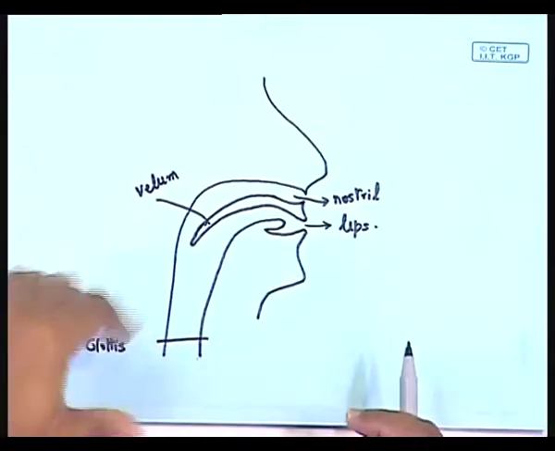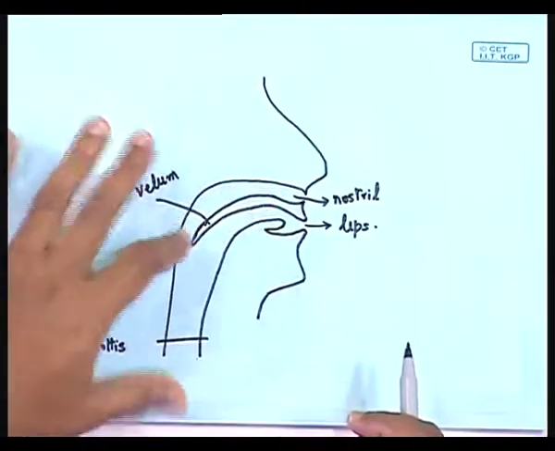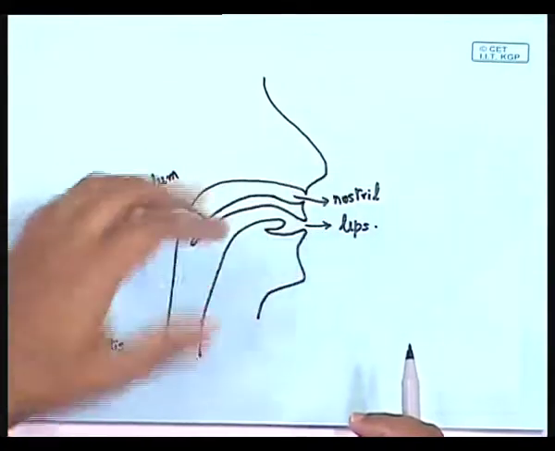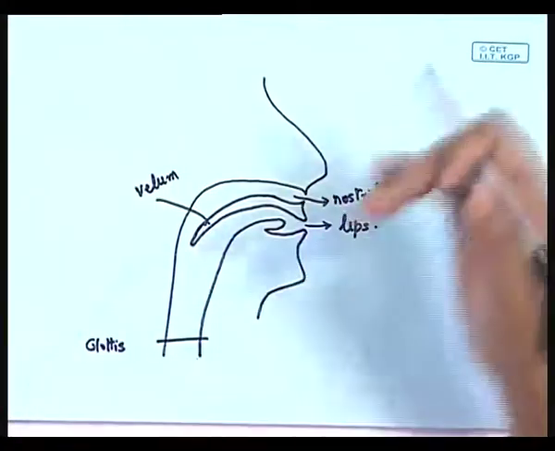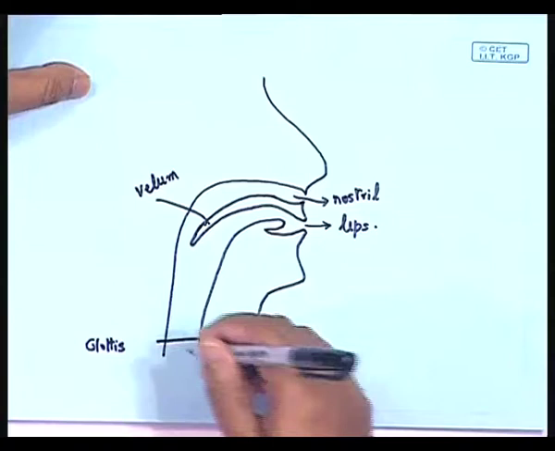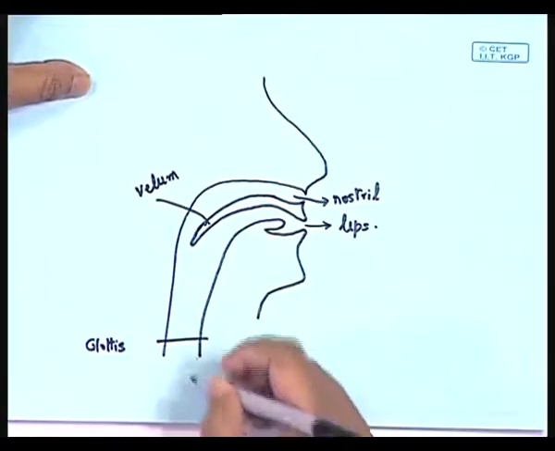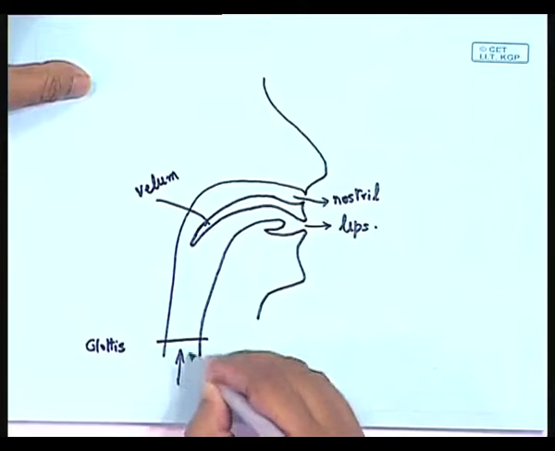Either we can produce the sound through our lips, radiating it outside through the lips, or otherwise we can make an opening through the nostril passage so that we can produce some nasal sounds, because there are different kinds of sounds which we need to produce depending upon what phoneme we are uttering. So essentially the whole thing is controlled by the flow of the air.